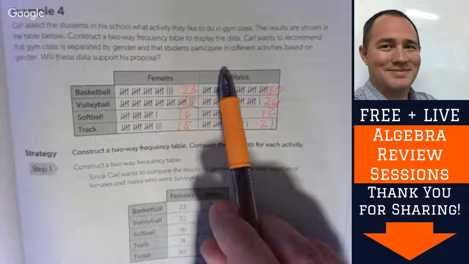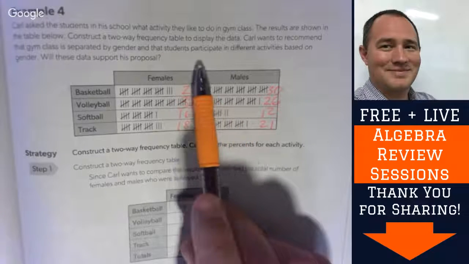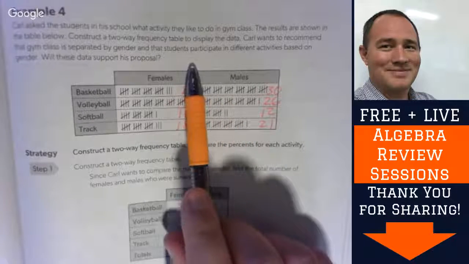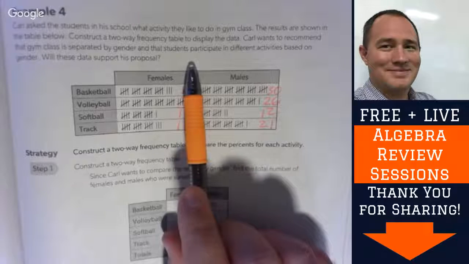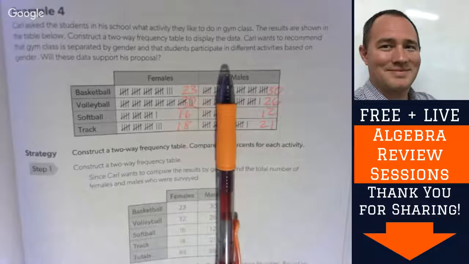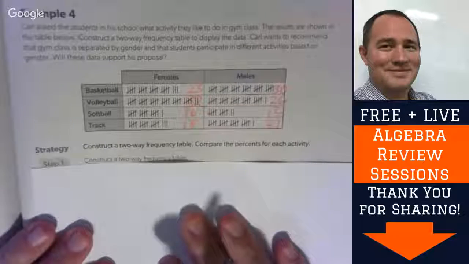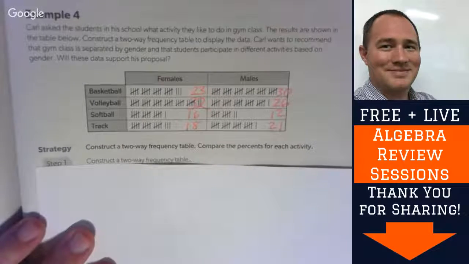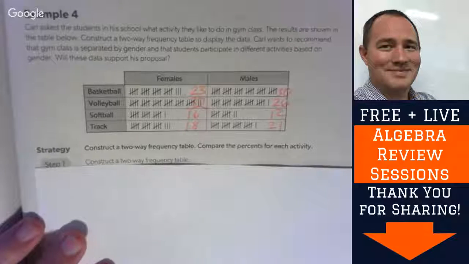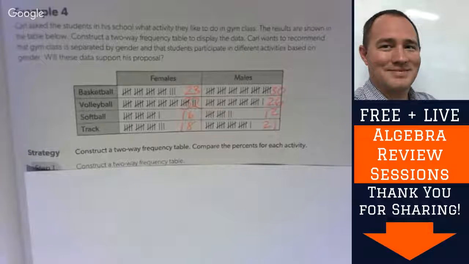The results are shown in the table below, and it wanted us to construct a two-way frequency table to display this data. Carl wants to recommend that the gym class is separated by gender and that students participate in different activities based on their gender. So what do you think? Does he have the data to support this proposal?